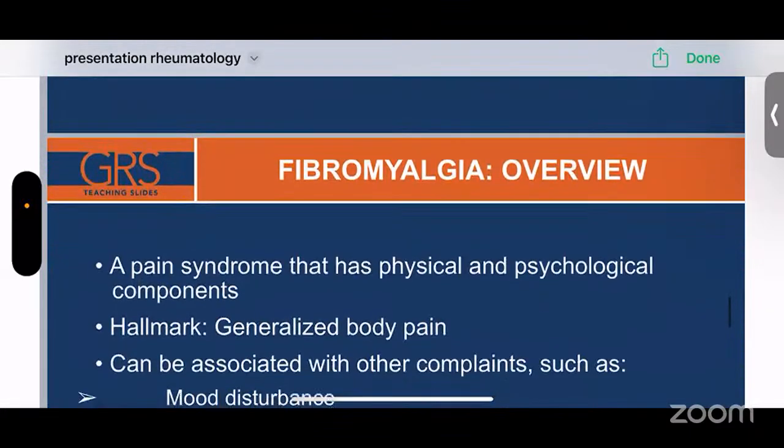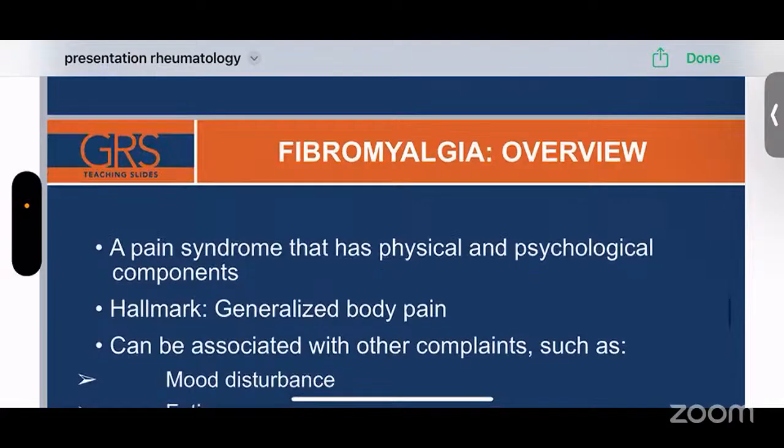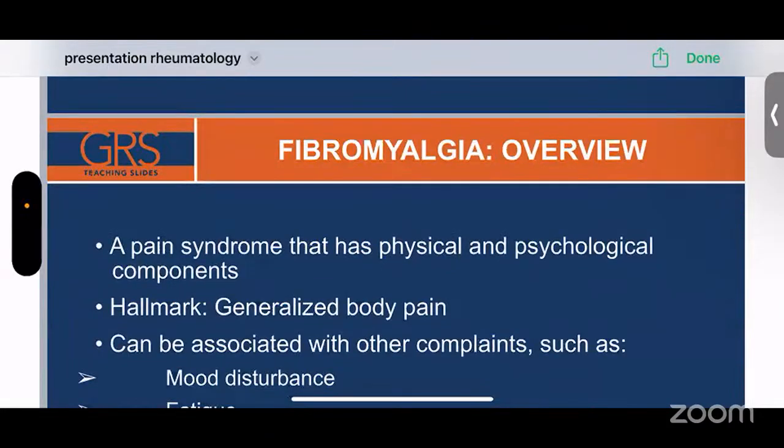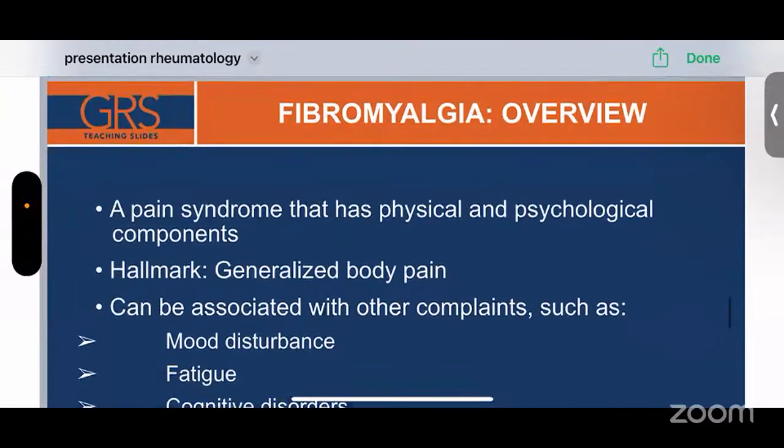The last topic in our rheumatology review is fibromyalgia. So what is fibromyalgia? Fibromyalgia is a syndrome characterized by widespread pain throughout the body with tender points at specific anatomical sites.